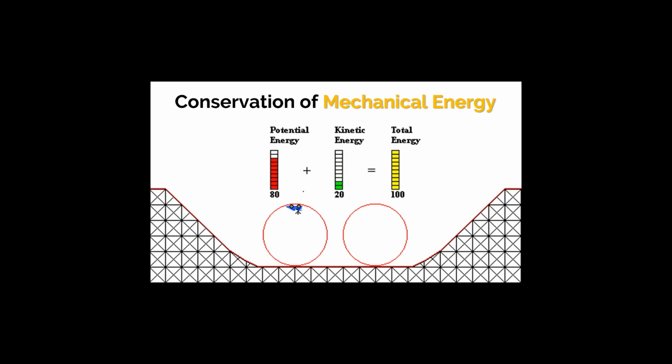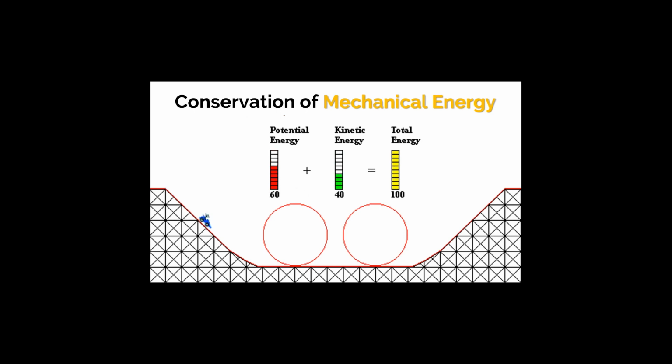So if the kinetic energy is at maximum, then the potential energy this time is equal to zero. Since the potential energy is already converted to kinetic energy, the potential energy will become zero when the kinetic energy reaches its maximum.